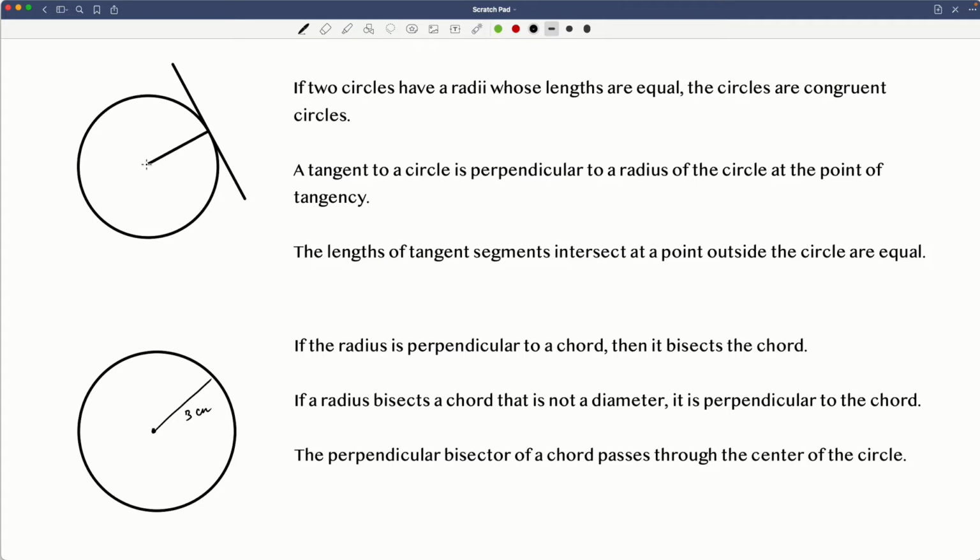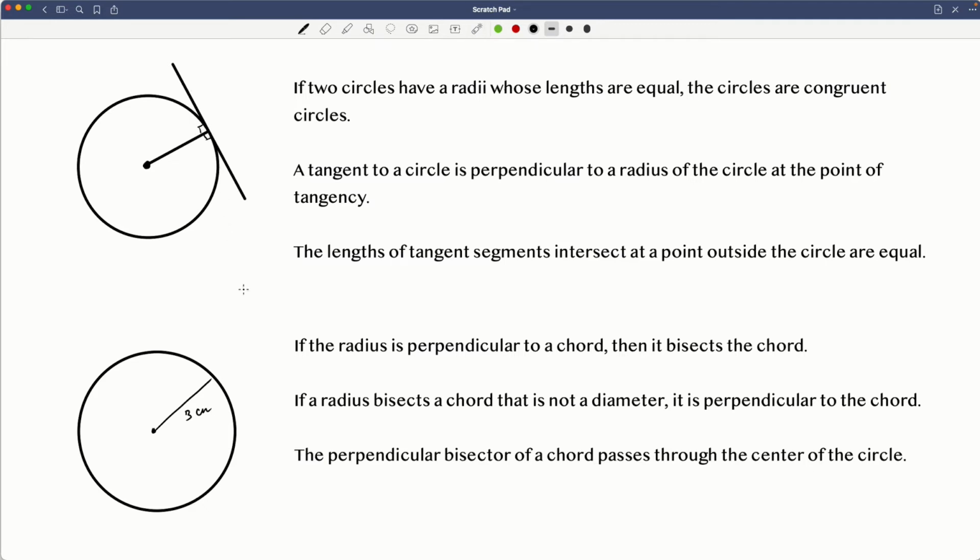That looks like the center. When you have a radius and a tangent here, the point at which it connects, the tangent is perpendicular to the radius. That's all it's saying. At the point of tangency, it is perpendicular to the radius. It just makes that nice little 90-degree angle between the tangent line and the radius.